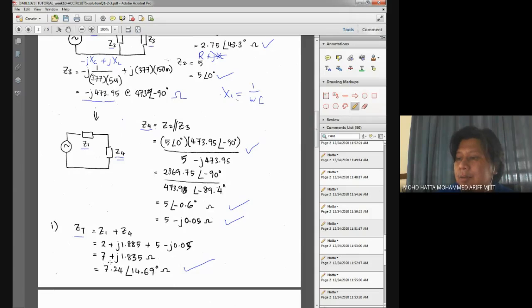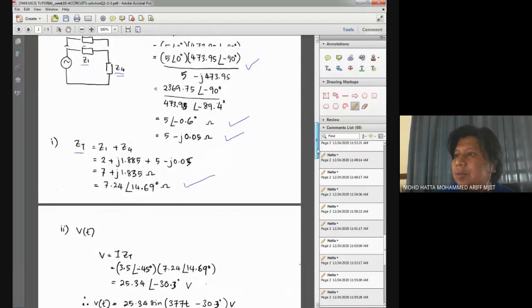And here, let's say you have J1.845 and you have 1.793, for example, then your answer should be acceptable. I understand that the variation of the answer is due to the conversion of polar to rectangular, as well as the decimal points that you are considering in your calculation.